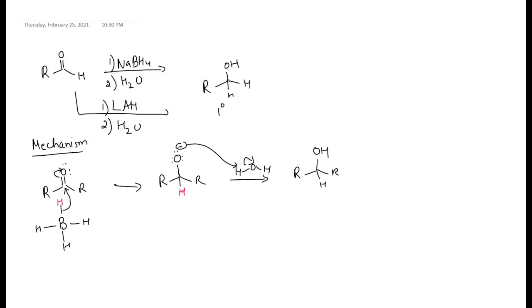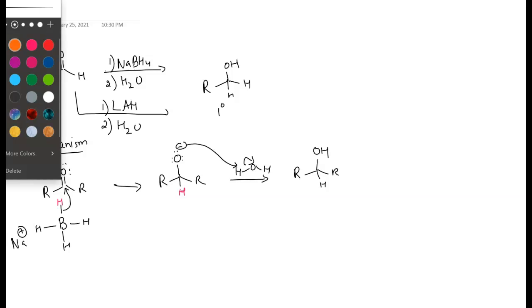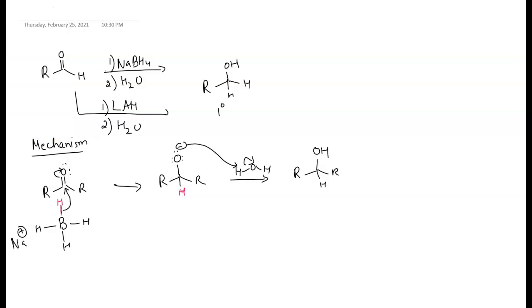So very simple reaction. The first step is the reaction of sodium borohydride. This acts as a nucleophile, the hydride attacks the carbonyl carbon. I should probably keep the bond also as a color here to show that the hydrogen came with the pair of electrons as a hydride.